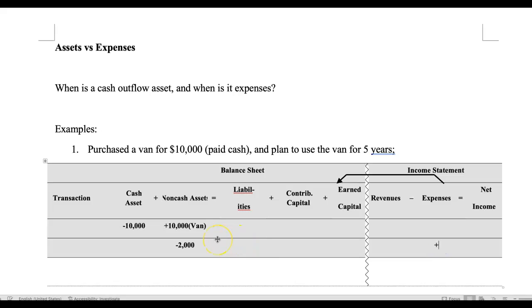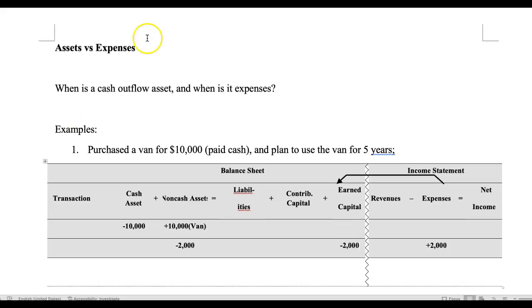Now this would increase the expenses by $2,000, which will eventually be reflected in the retained earnings, the earned capital, for $2,000, because it reduces the shareholders' claim. So you can see in this example that the non-cash asset decreases when we use the van, and also the retained earnings decreases.